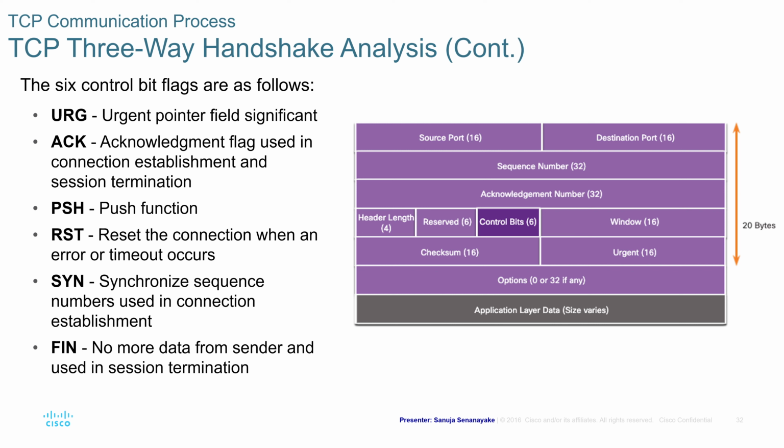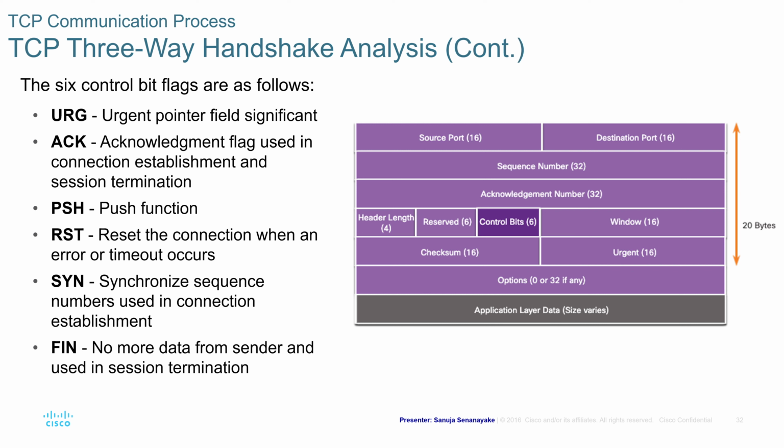PSH is the push function. RST is to reset the connection when an error or timeout occurs. SYN is the synchronize sequence number used in connection establishment. FIN is saying that there is no more data from the sender, no more data to send in the particular session.